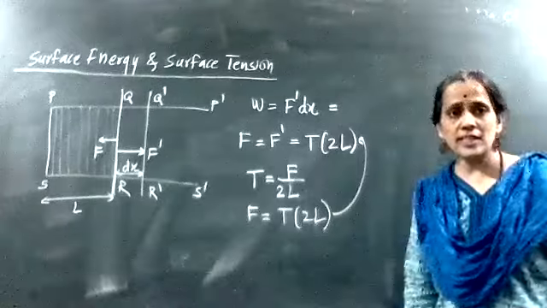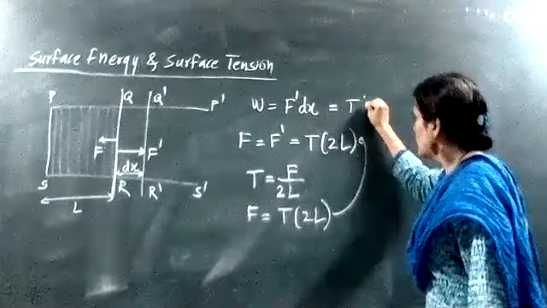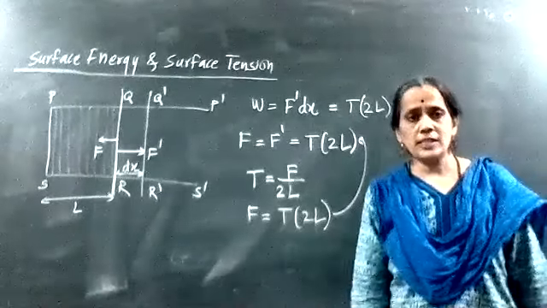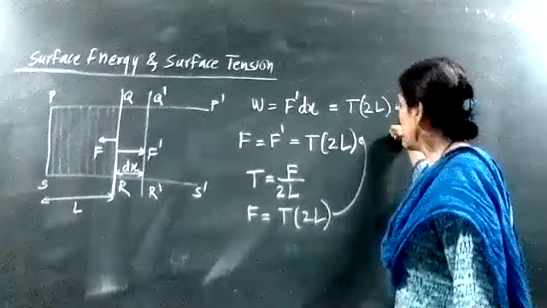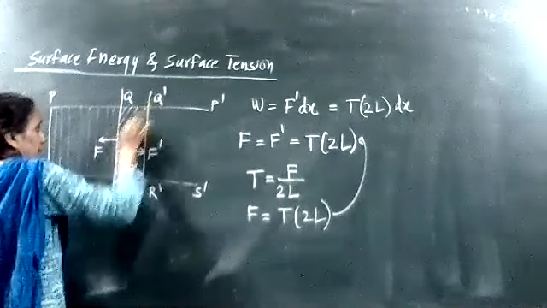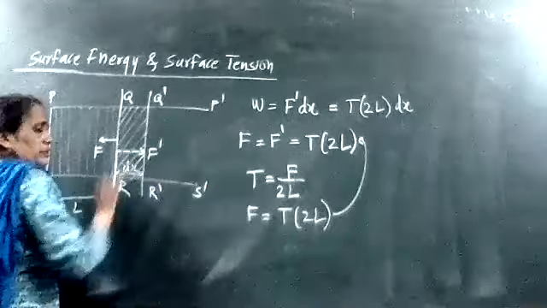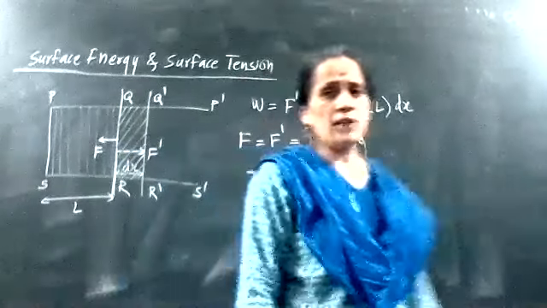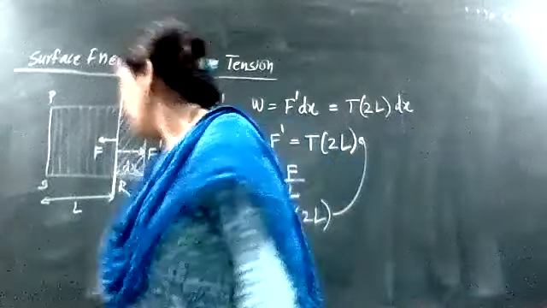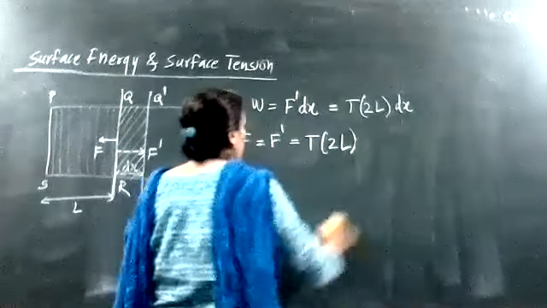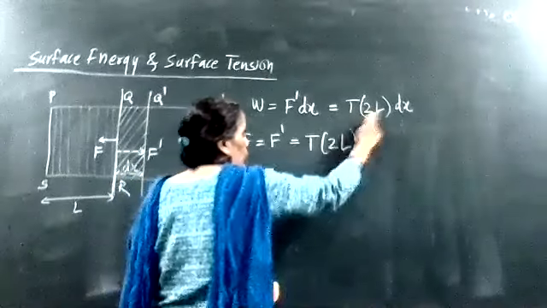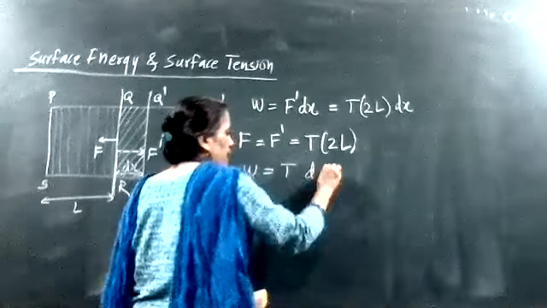Therefore work is equal to T into 2L into dx. Is it right? And 2L into dx is nothing but the area. Through this distance, your area will get increased. So I can write this work done as T into dA, where 2L into dx is dA, the area.